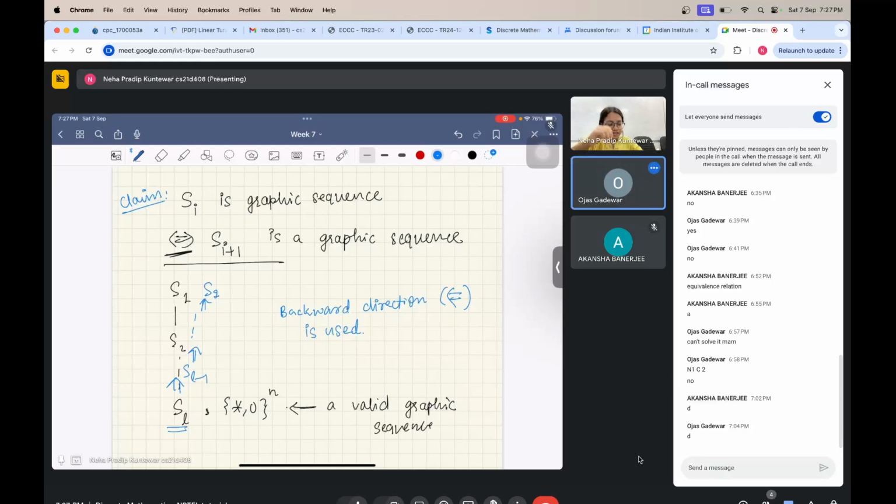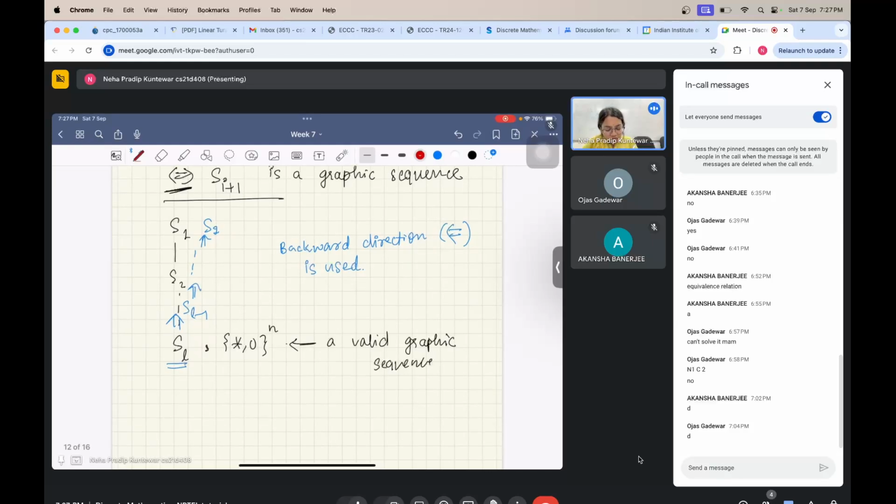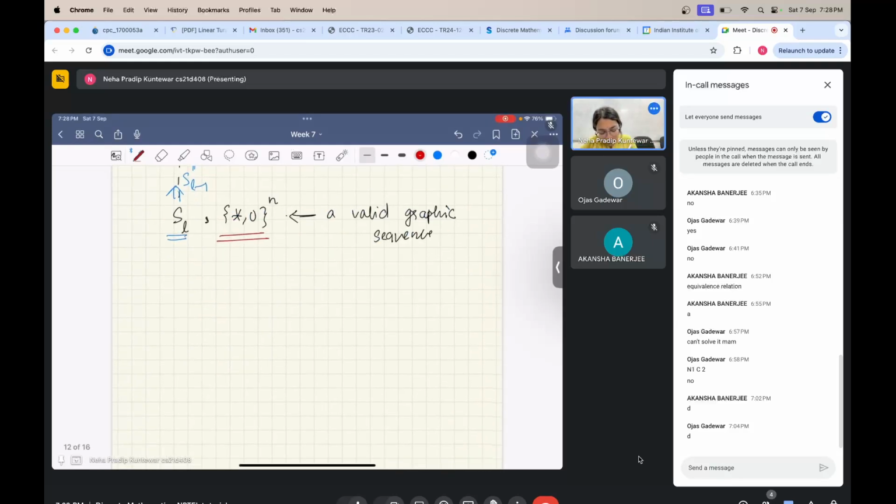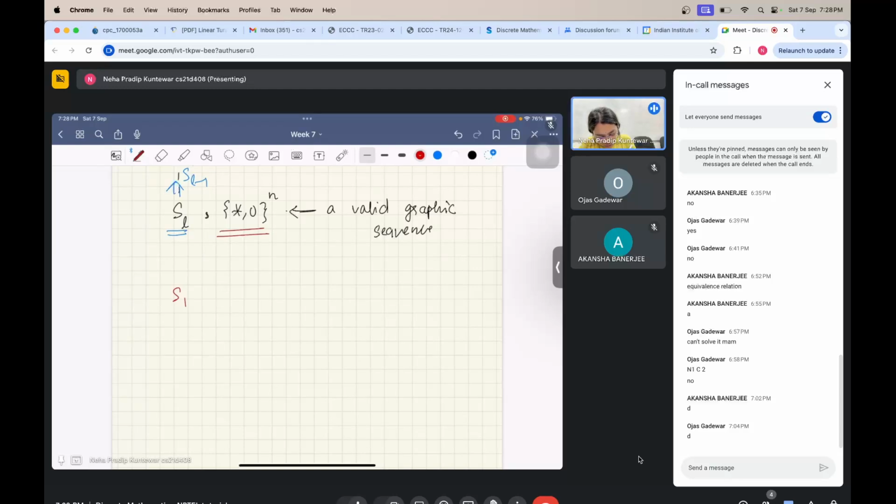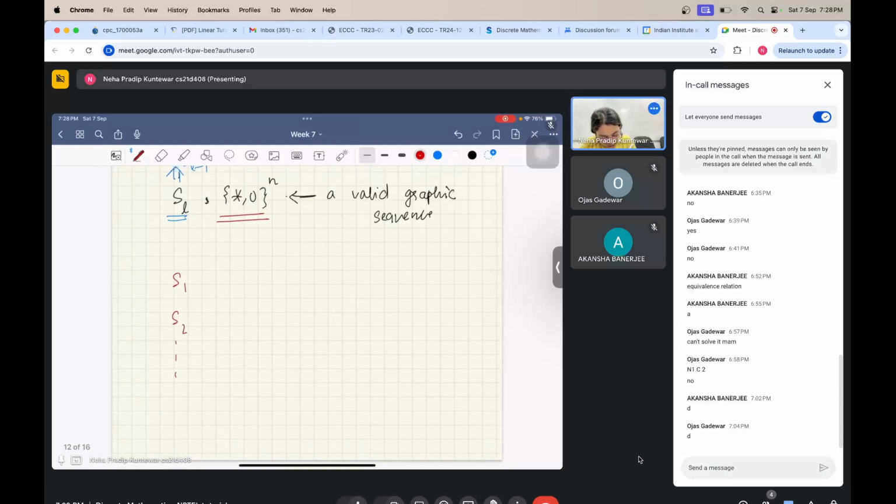Exactly. That is the point. So, in this case, it so happened that you ended up in a case where the final sequence was valid. But let's say, for example, you went from S1, S2 all the way up to SL. But in this case, you ended up with some negatives in the final sequence.